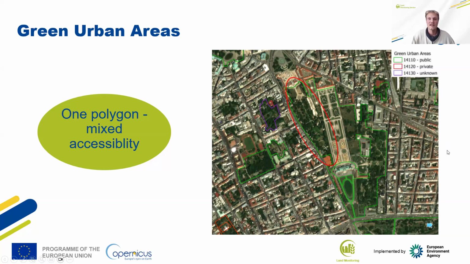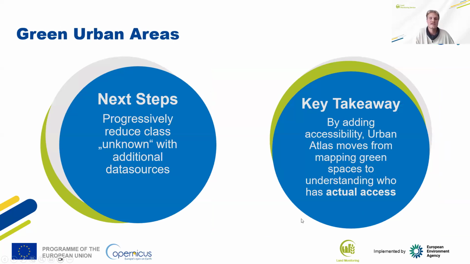And coming to the last slide, talking about the next steps, they would be identifying and integrating additional data sources to reduce the unknown class step by step. Maybe worth mentioning, we had a collaboration with one company, but the communication suddenly completely stopped, even though we were more than halfway through the production, and the data had the impact that we were able to reduce our unknown class by more than 40%.